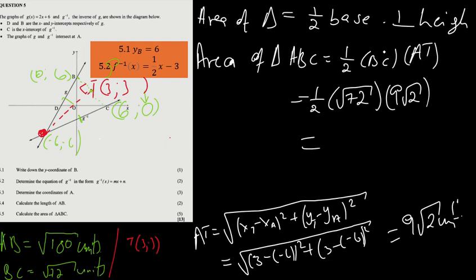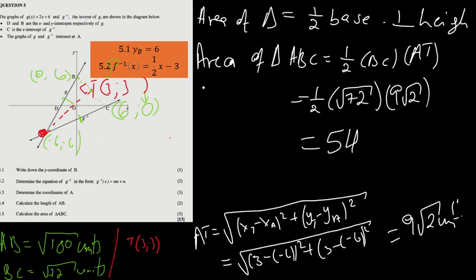1 over 2, then here square root of 72 times 9 square root 2. Then you get 54.